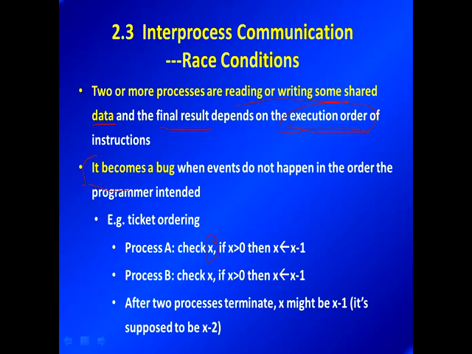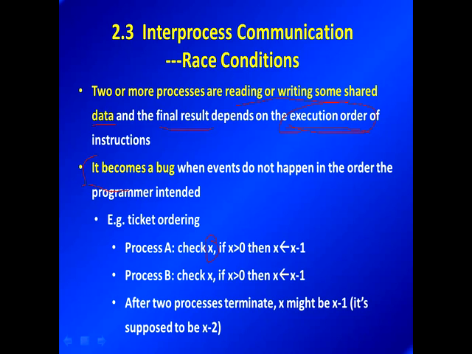After process A gets one ticket, X should be set as 2. After process B ordered one ticket, then X should be set as 1. So this is the right result, right?